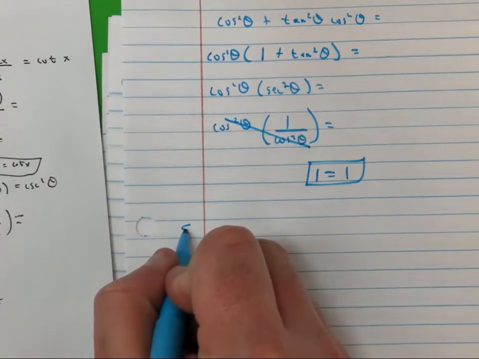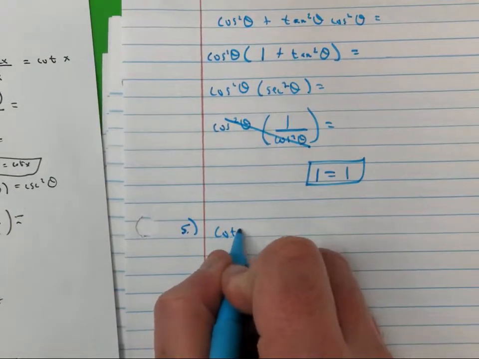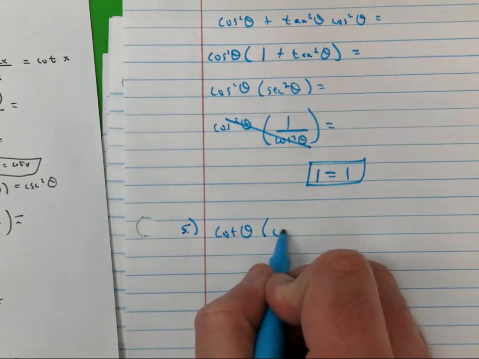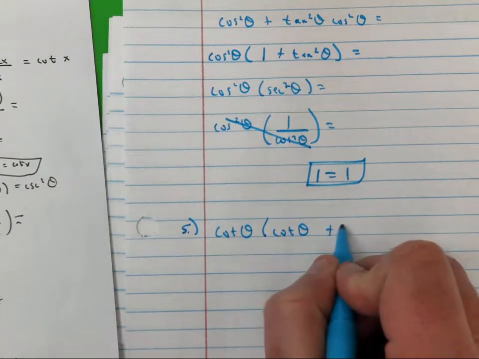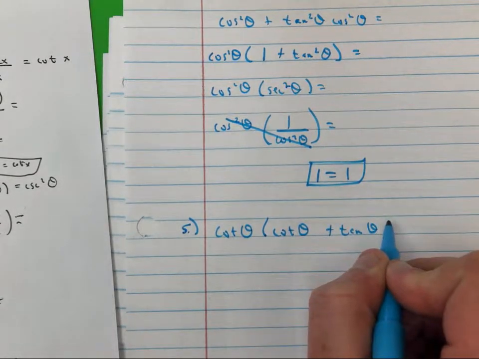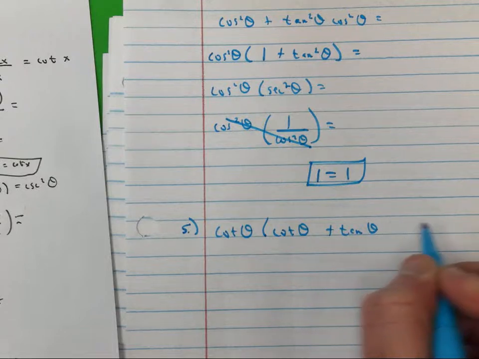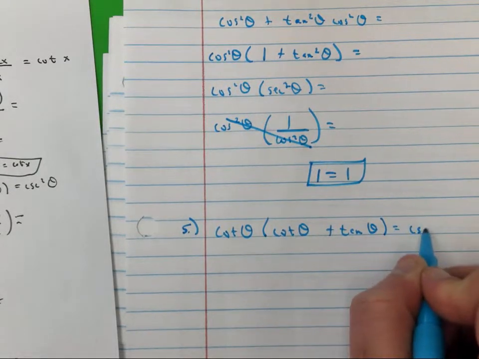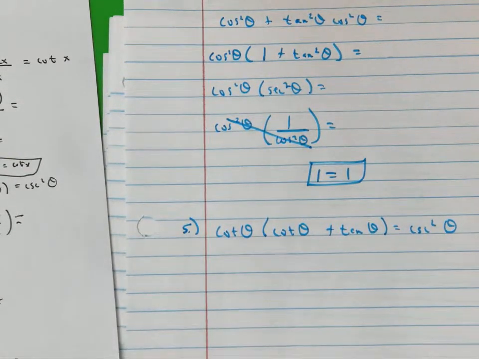Alright, let's look at number 5. Cotangent theta, parentheses, cotangent theta plus tangent of theta equals cosecant squared theta.